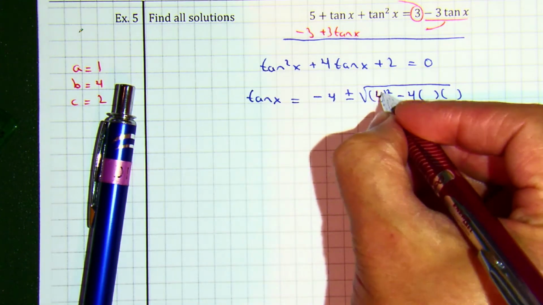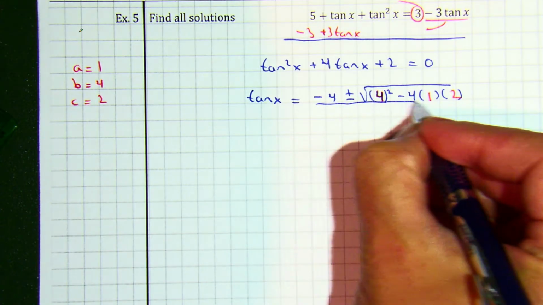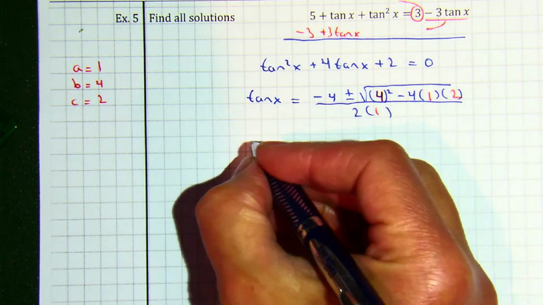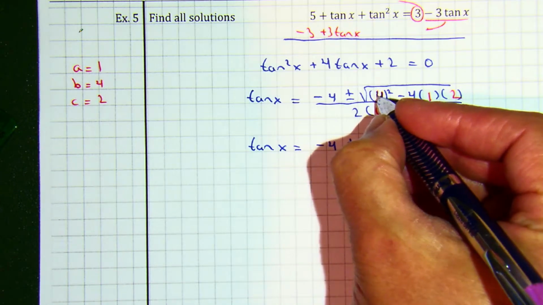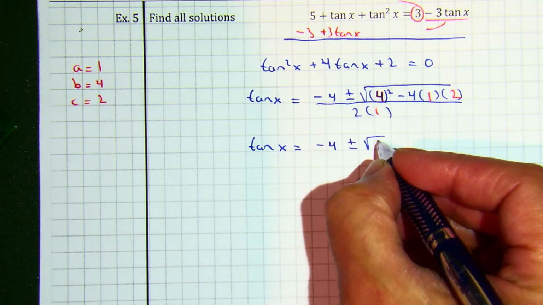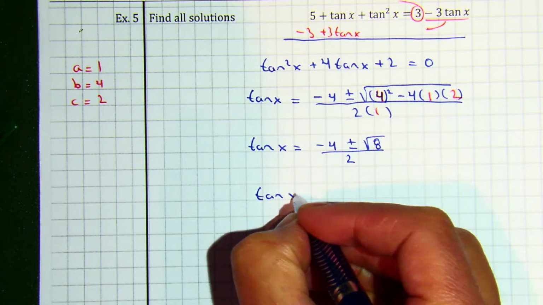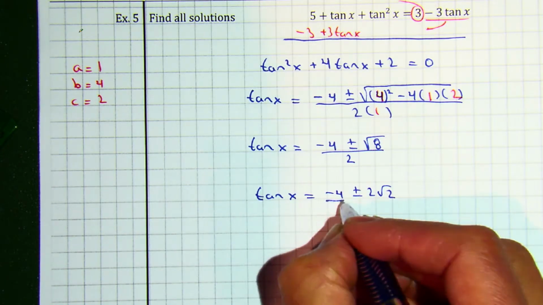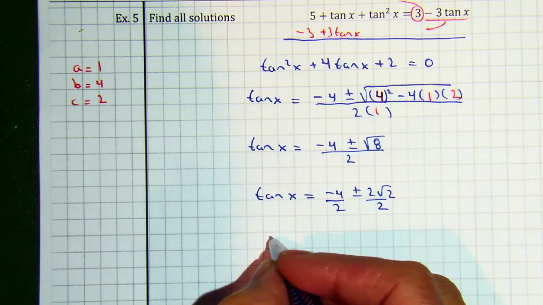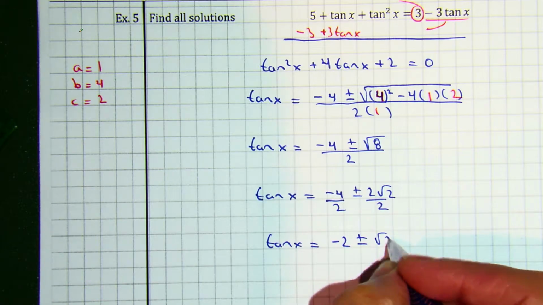So this is b, a, and c, all over 2a, where a is 1. So we have the tangent of x equals -4 plus or minus 16 minus 8 give me 8 all over 2. So therefore my tangent of x equals -4 plus or minus 2 square root of 2 over 2. So therefore the tangent of x is equal to -2 plus or minus square root of 2.